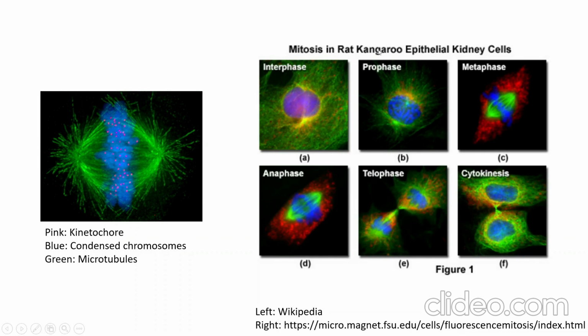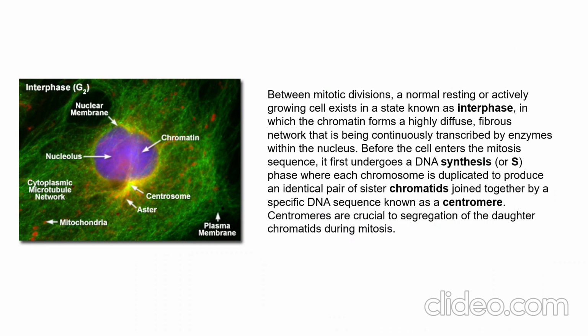This is mitosis taking place in rat kangaroo epithelial kidney cells, from a really great resource that I have linked at the bottom here. So I'll go through these phases individually. This is an image of a cell in interphase.